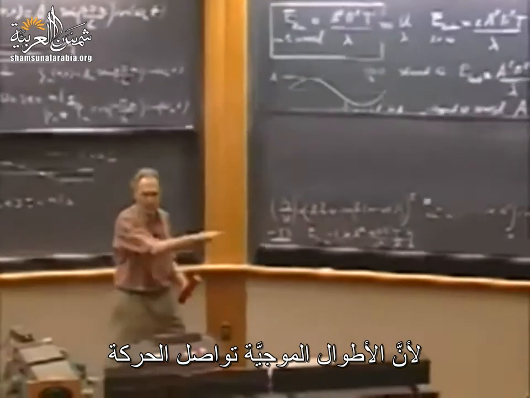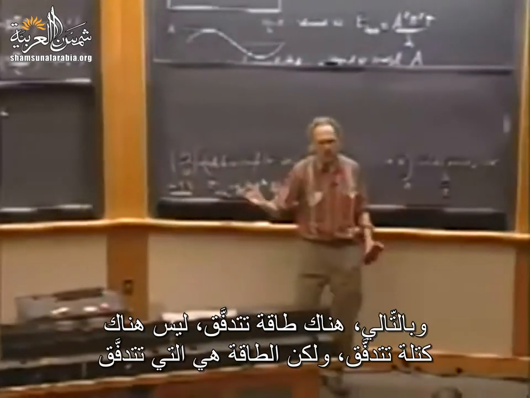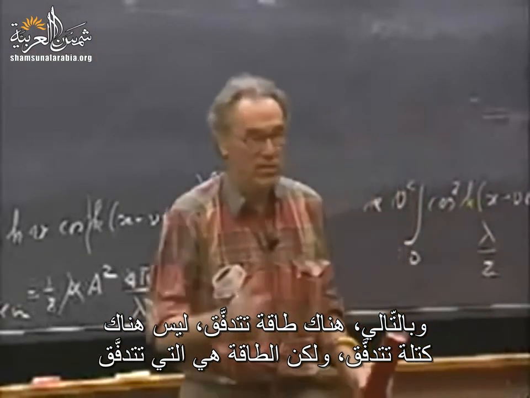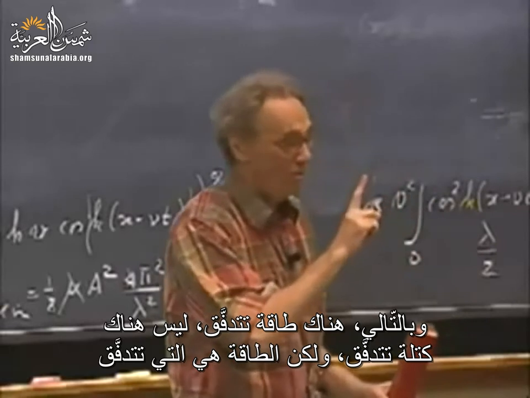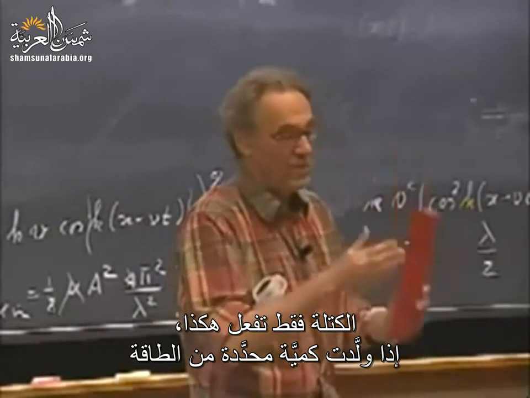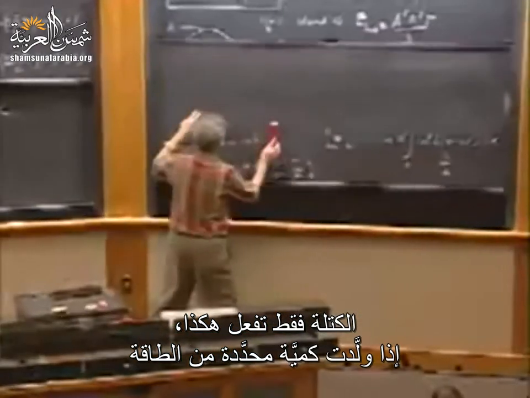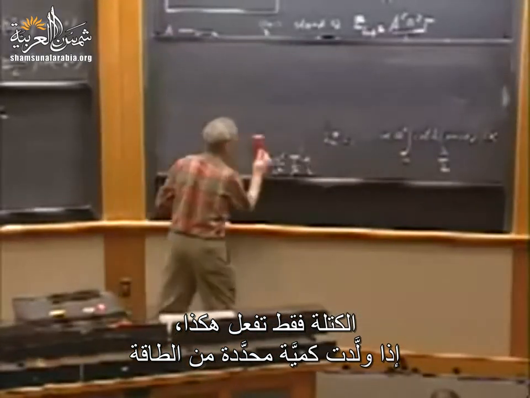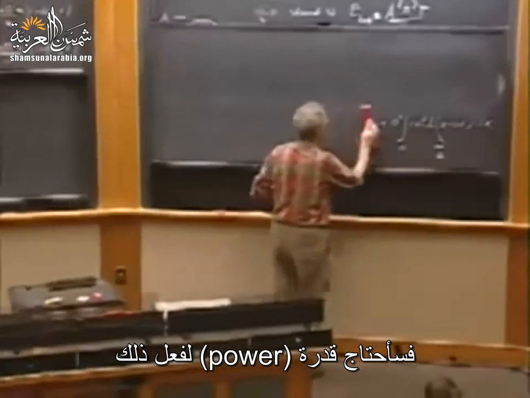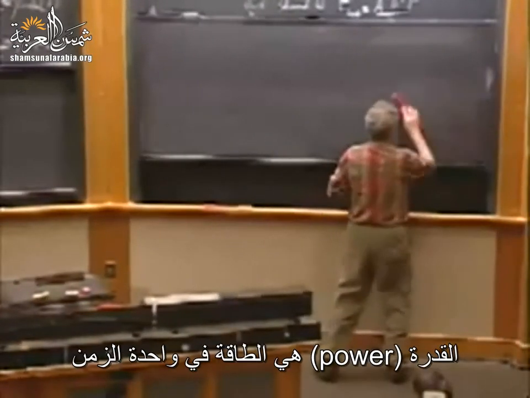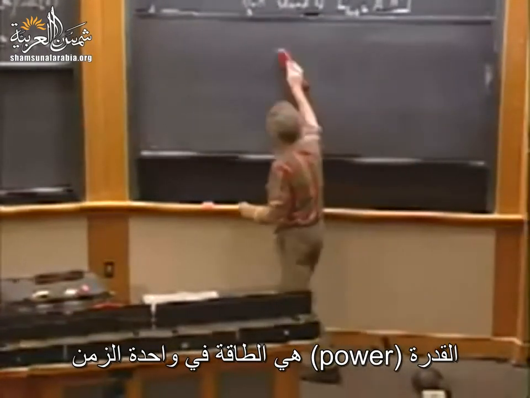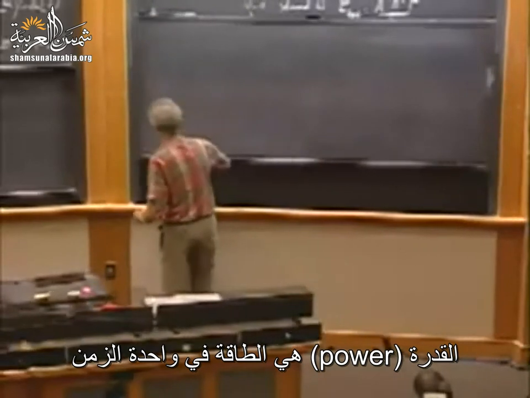Because these waves keep moving, and so there's an energy flow. There is no mass flowing. Oh, there's energy flowing. The mass is only doing this. And so therefore, if I generate a certain amount of energy, then I need power to do that. Namely, power is energy per unit time.